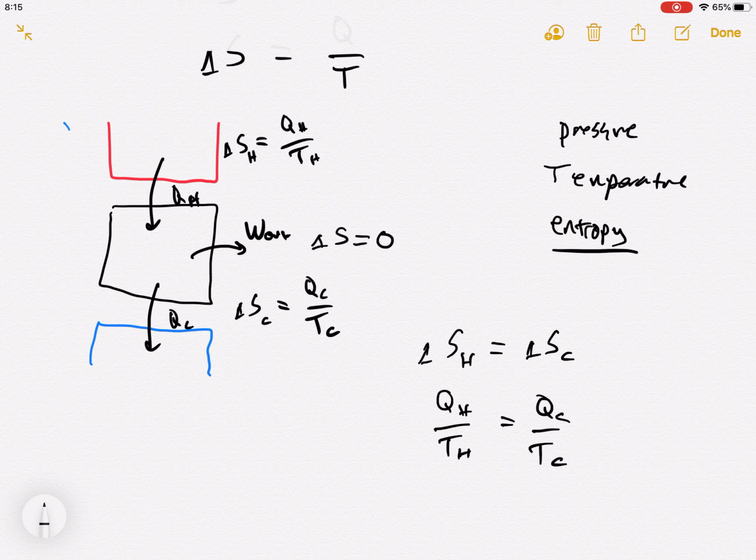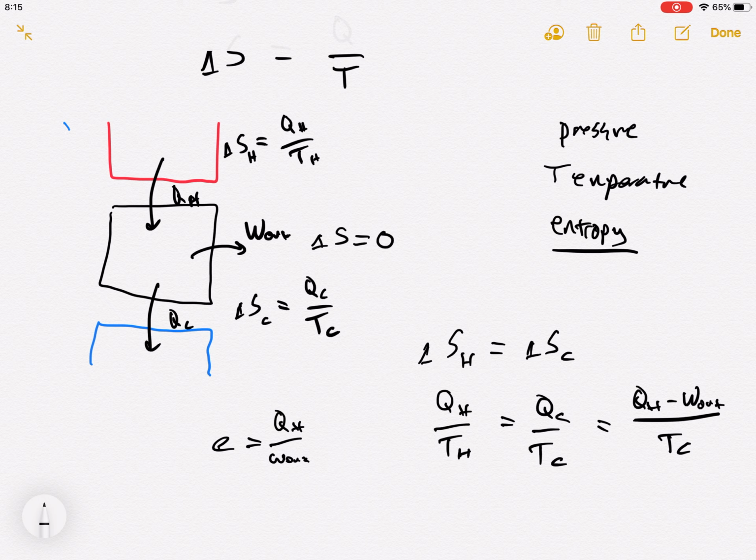And I could also write this as Q hot minus the work put out of the system divided by T hot or T cold. Okay. And you remember efficiency for a heat engine is Q hot over work.